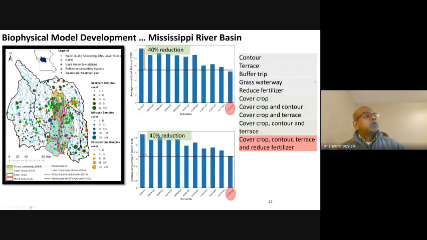In this particular example, we see 4 different practices implemented in combination would help us to accomplish the policy goal, which are cover crop, contour cropping, terrace, and variable rate reduced fertilizer applications.